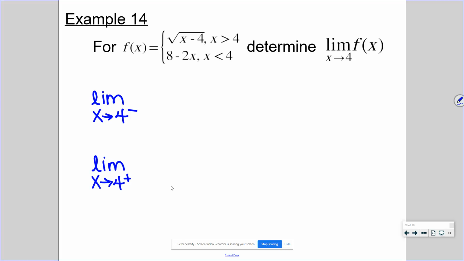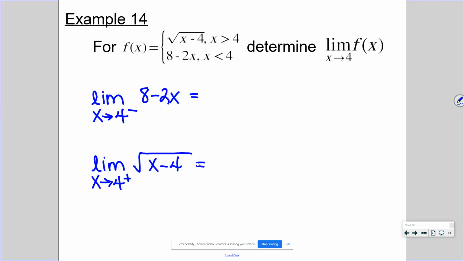Okay? We're going to use two different equations to do that because the equations are different from each side. So from the right side would be anything greater than 4, which is this top equation. So for the right-handed limit, I'm going to use the top equation. And for the left-handed limit, anything smaller than 4, I'm going to use the bottom equation.